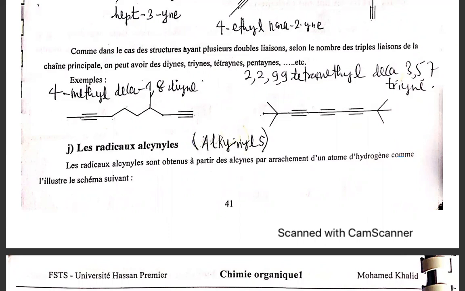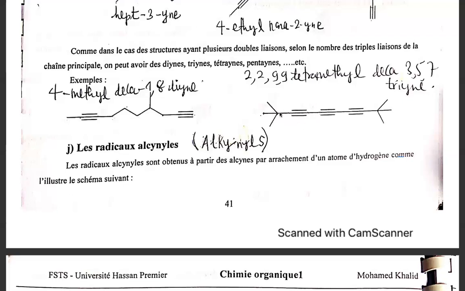So counting from our right-hand side to our left-hand side, 1, 2, 3. At position number 3, we have a triple liaison. Number 3, number 4, number 5, we have another triple liaison. Number 6, number 7, we have another triple liaison.